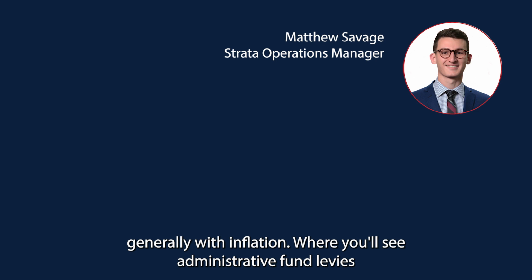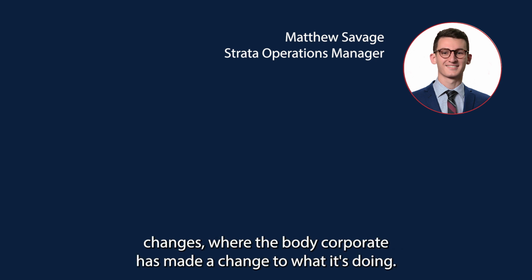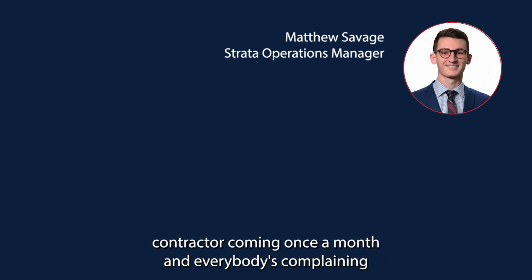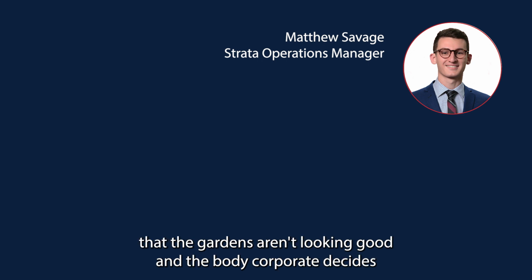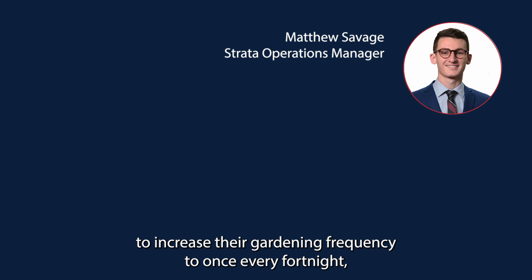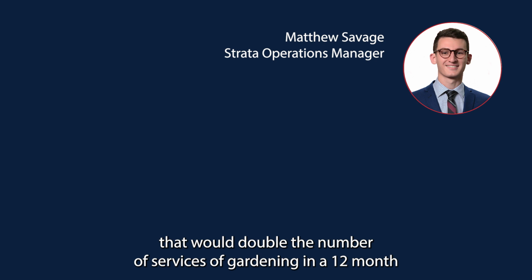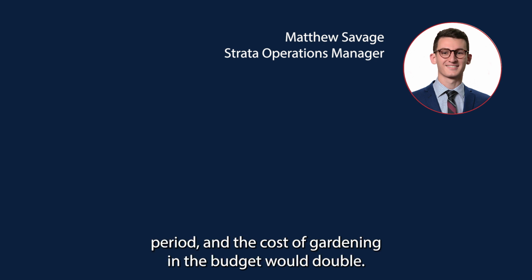Where you'll see administrative fund levies change is where the body corporate has made a change to what it's doing. So if, for example, the body corporate has a gardening contractor coming once a month and everybody's complaining that the gardens aren't looking good, and the body corporate decides to increase the gardening frequency to once every fortnight, that would double the number of services of gardening in a 12-month period, and the cost of gardening in the budget would double.